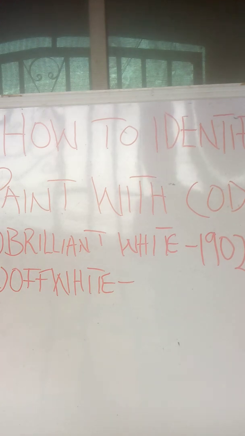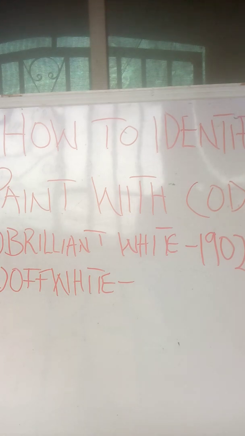The brilliant white is the most used color, because normally when people paint, they would always want to paint their ceilings. So it's always high in demand. And so most paint shops, if they're making demands for paint, they could just say, give me, out of 100%, they may be going for about 30-40% of just brilliant white, and the other 60% other colors.